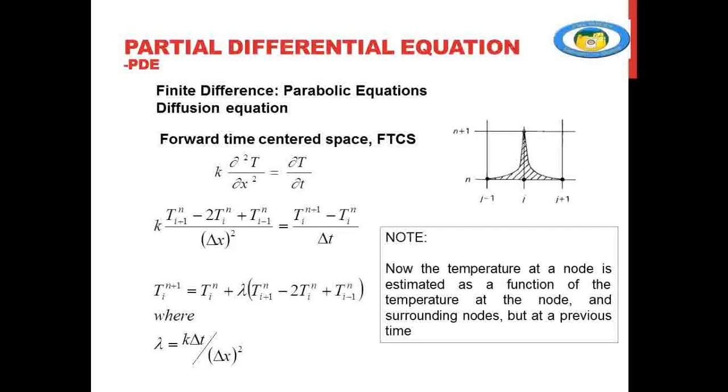Sorry for the misleading representation in the figure: there it's j, but here it's I. So I'm going to use I from now onwards. So centered at I, n, spatially, we're going to use the second partial derivative using a centered scheme.